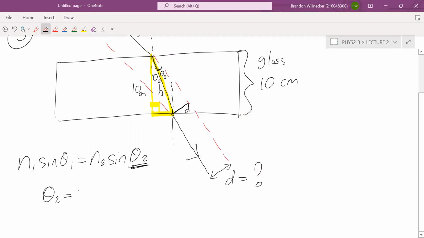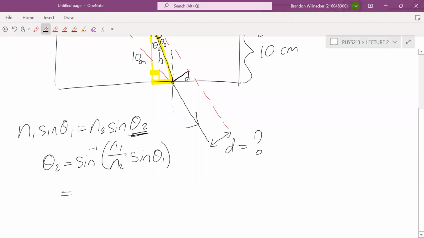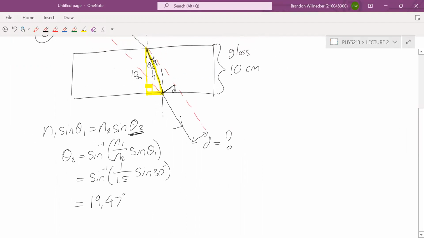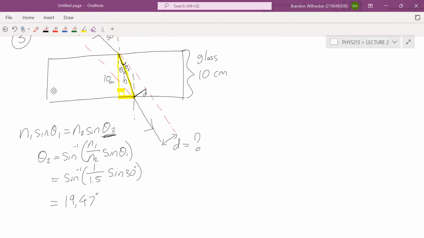Theta 2 is going to be sine inverse of n1 over n2 sine theta 1. We know all of these. This is going to be sine inverse, air is 1, glass is 1.5, the incoming angle was 30, so that's sine of 30. Just put that in your calculator. We get 19.47 degrees.